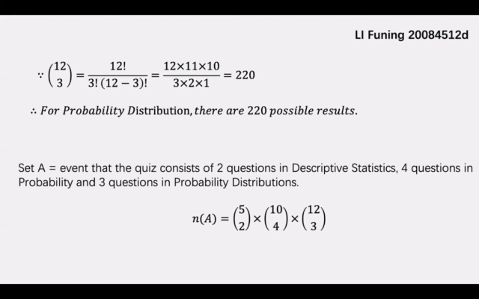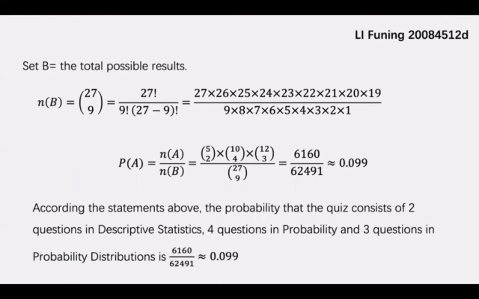Set A equals the event that the quiz consists of 2 questions in descriptive statistics, 4 questions in probability, and 3 questions in probability distributions. NA equals 5C2 multiplied by 10C4 multiplied by 12C3. Set B equals the total possible results.